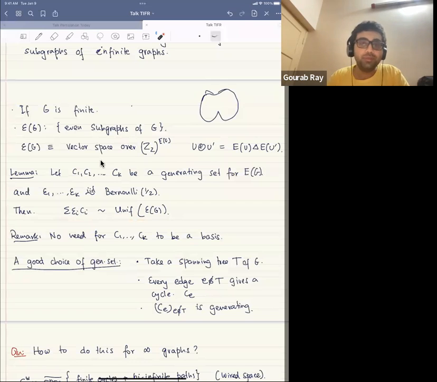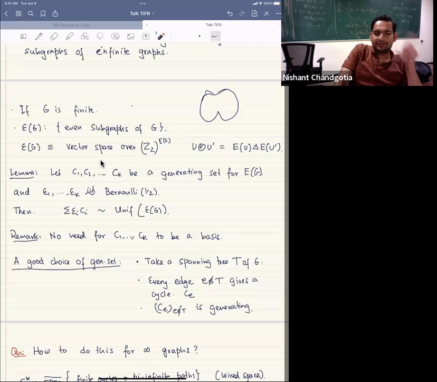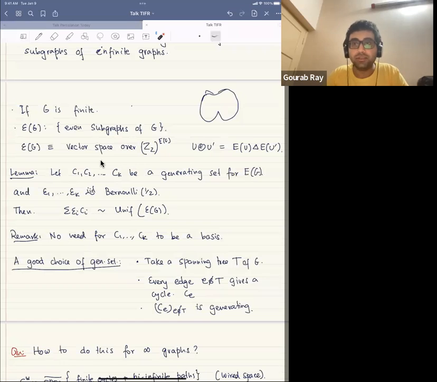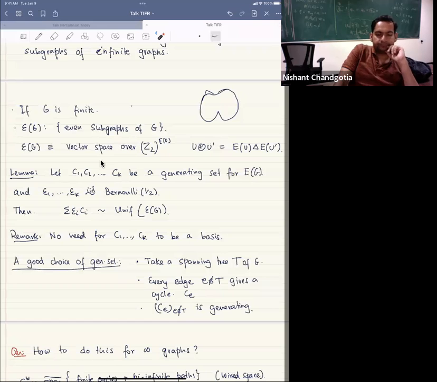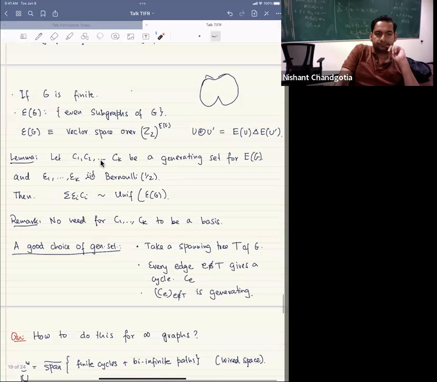This might have been more believable if I said take a basis and do this. But since it's a uniform even subgraph and it's Bernoulli half, even if you take a bigger set, it's still fine. You can add them or not with probability half independently and still get a uniform even subgraph. Just to be concrete, if I take all cycles in the graph, that works too. You don't need to worry about whether you took the minimal one or not. That's a nice flexibility to have.